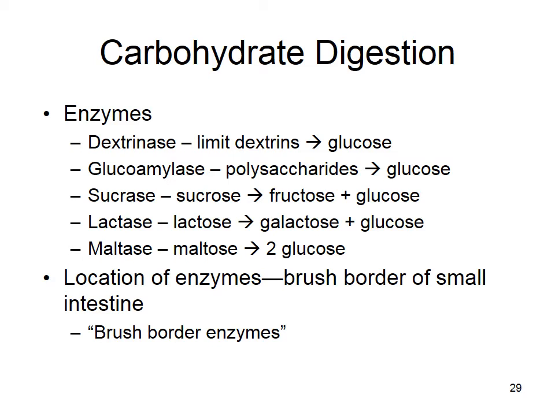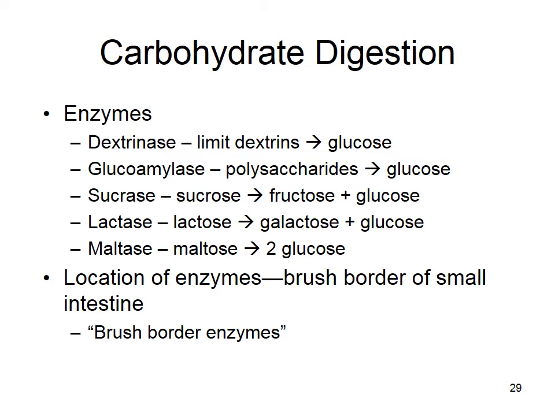So carbohydrate digestion starts in the mouth. Okay, then pancreatic amylase will convert any remaining starch into limit dextrins and maltose, and then dextrinase will convert those limit dextrins into glucose, and then glucose will be absorbed.